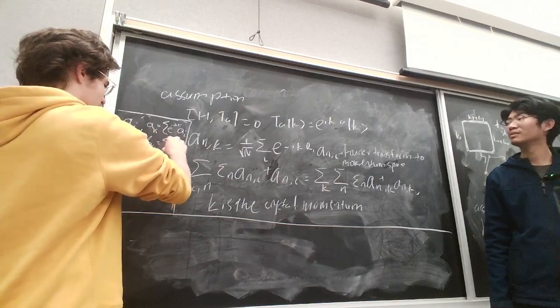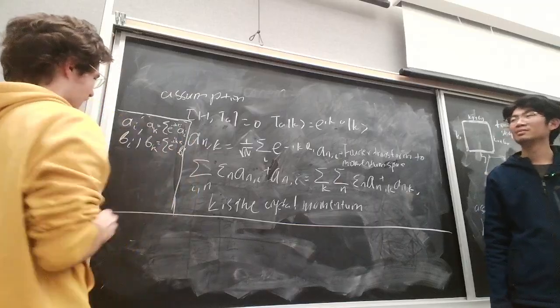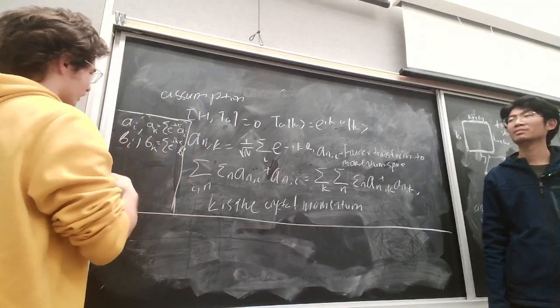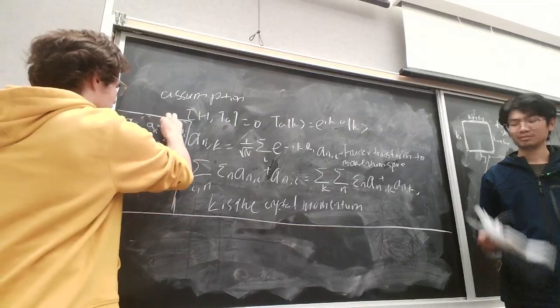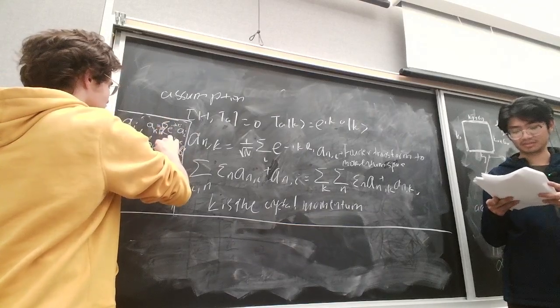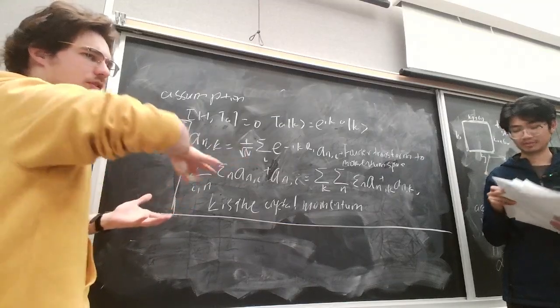Similarly for the B's. Actually, there should be a 1 over root N, where N is the number of atoms in my lattice.